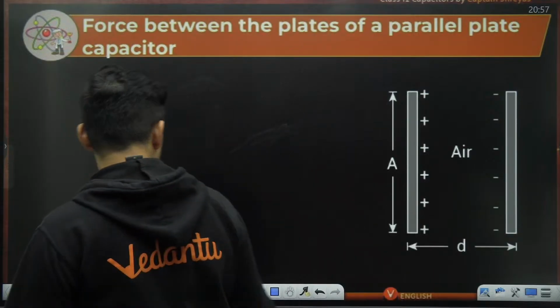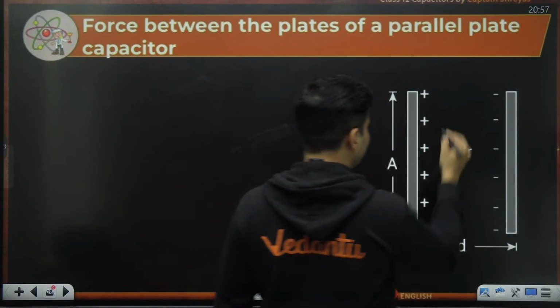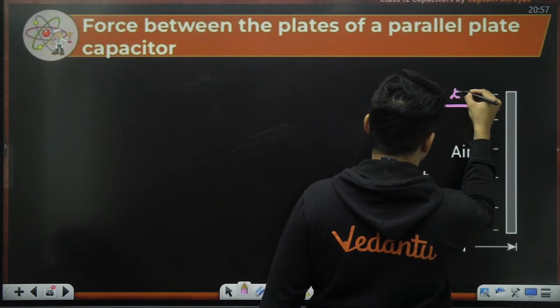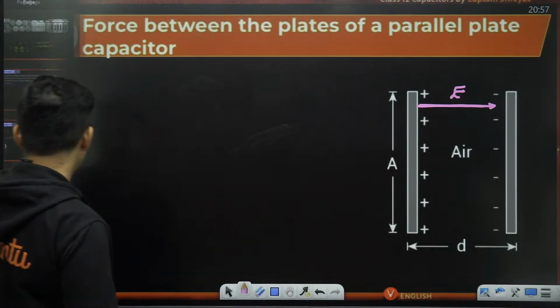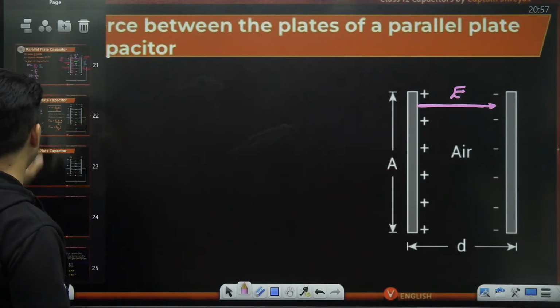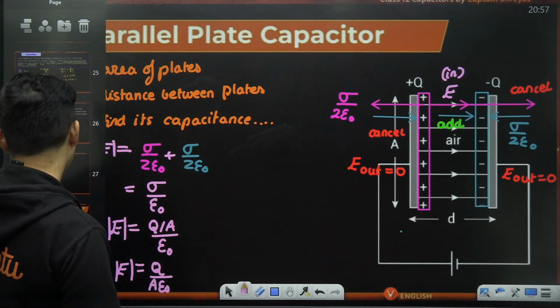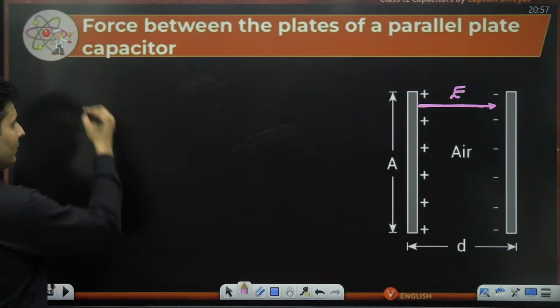A very interesting thing now: the field between the plates of a capacitor, we just derived it, and we saw that it is Q by A epsilon naught. And through this field, I can find the force.